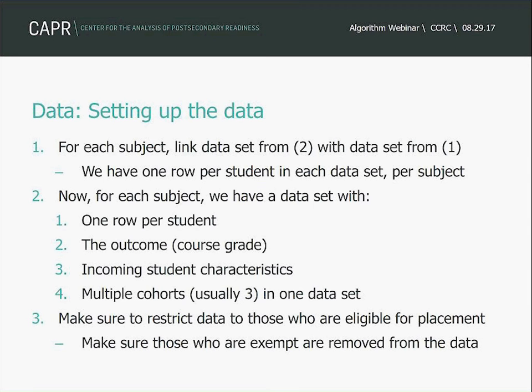Then we would have another data set which was the students' incoming characteristics. So this might have their high school GPA. Often it would have a lot of demographic information, which we wouldn't use for the purpose of placement, and financial aid information, but it would have their diploma status, their GPA, their time since graduation.